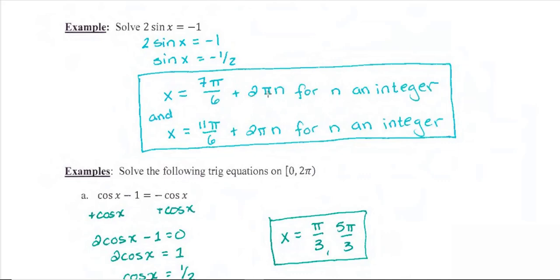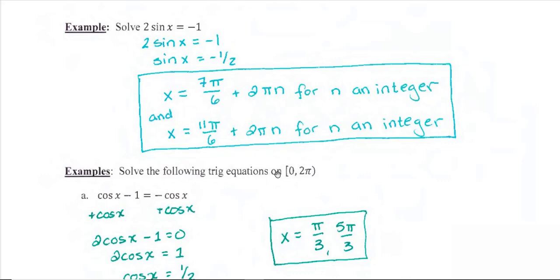You can add 2 pi n times, whether it's 1, 2, 3, 4, 5 times, negative 1, negative 2, negative 3 times, whatever. But sine is also negative in quadrant 4. So the angle in quadrant 4, where the sine is equal to negative 1/2, is 11 pi over 6, plus any coterminal angle.